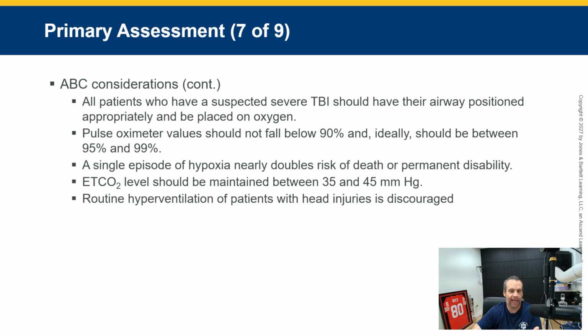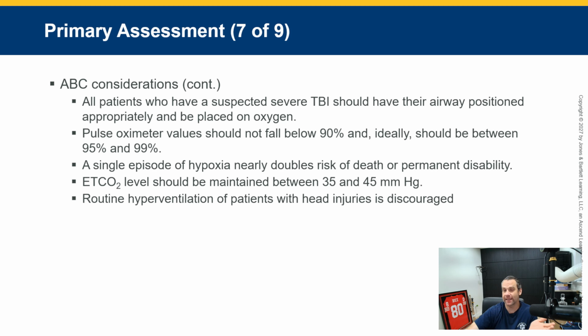But if breathing is inadequate mechanically speaking, that's where positive pressure ventilations should come into play to ensure you have enough volume just to see chest rise and fall. Now, if you're using an end-tidal CO2 detector, you're going to want to target 35 to 45 millimeters of mercury, that sweet spot of carbon dioxide during their exhalation.